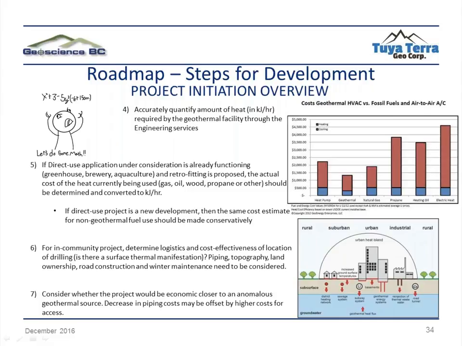You then need to think about logistics. How far away is it? If we're talking about a resource that might be, say, 20 kilometers from the user, either the community or a potential greenhouse complex, how economical is it to pipe that resource from the point where we're getting it out of the ground in the wells to where we're actually going to use it?